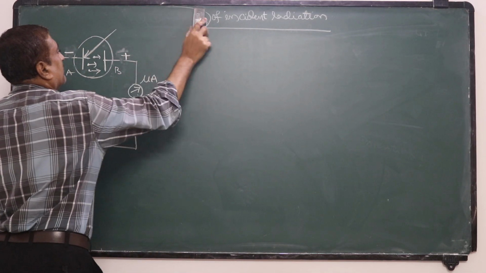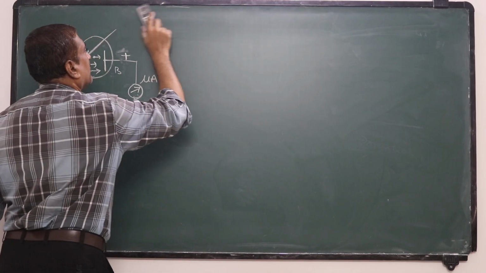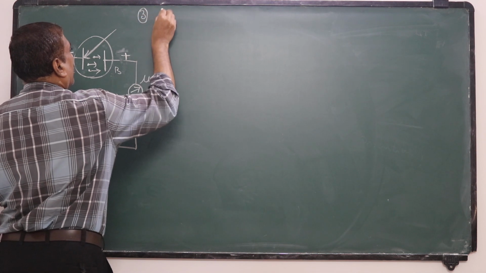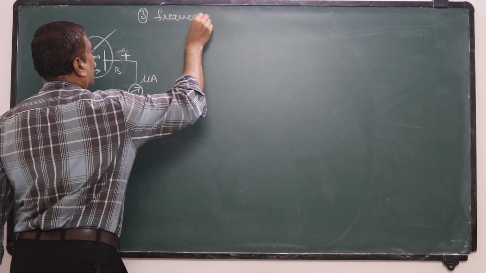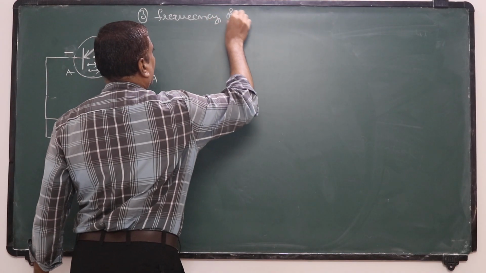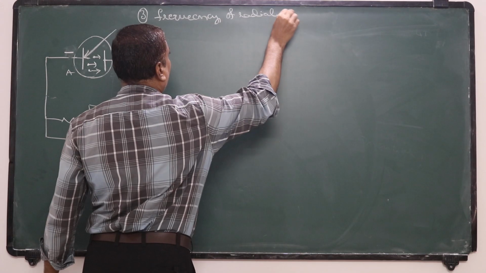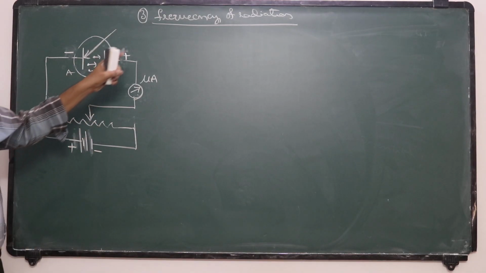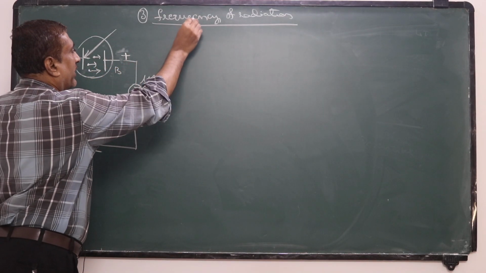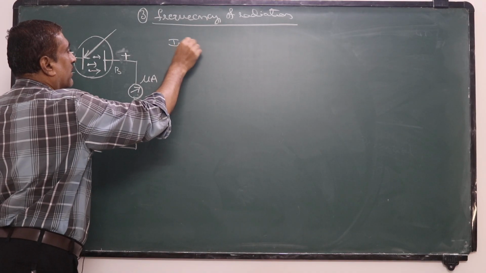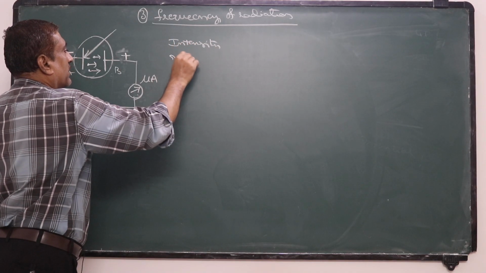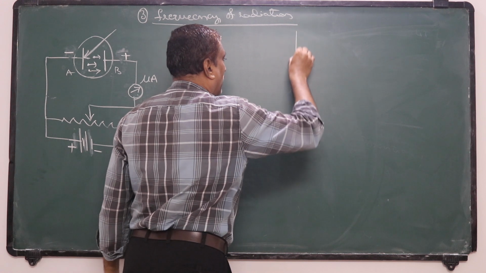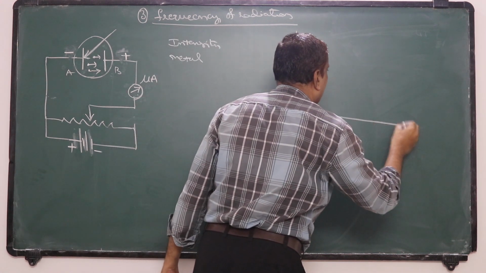third one, frequency. Now if we change the frequency of the radiation only, keeping the intensity constant and the metal constant, then the variation of stopping potential with respect to frequency is obtained like this.